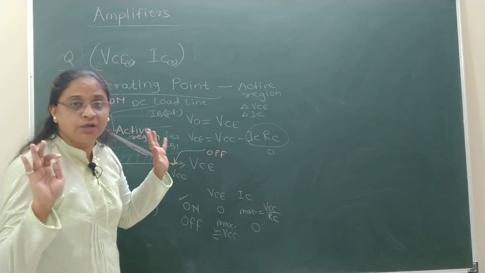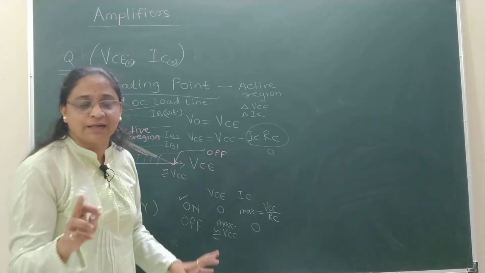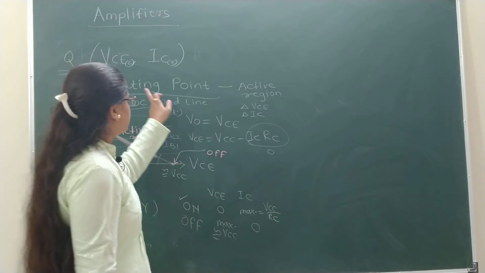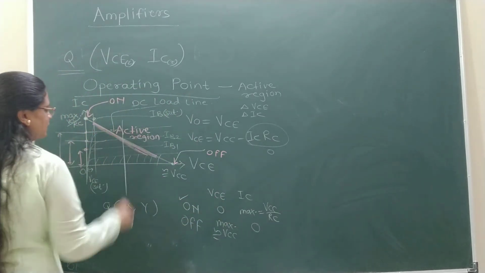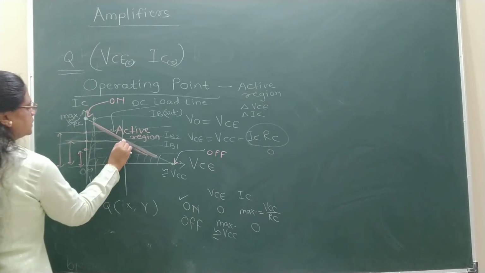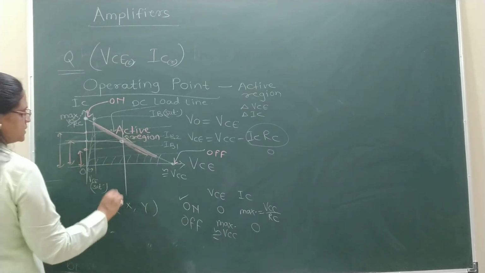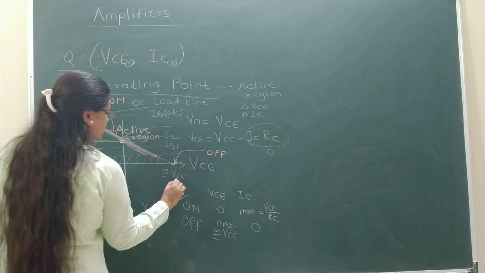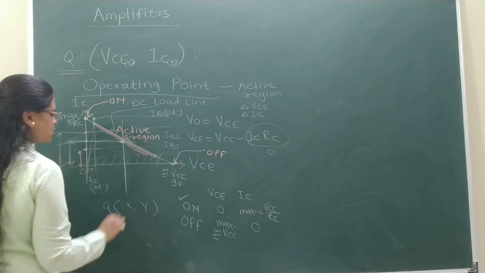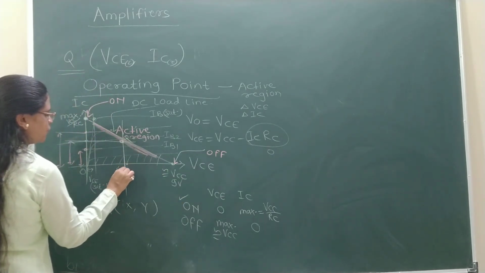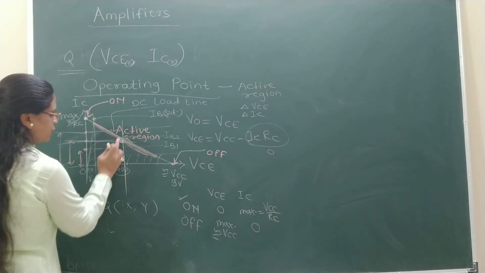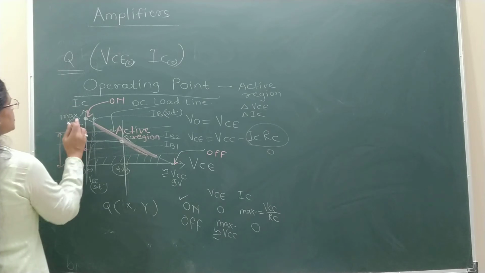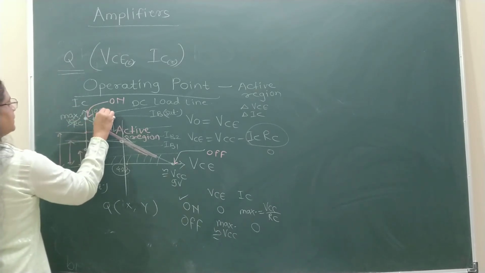So that should not happen, and for that, what is essential? This Q point, the operating point, should always remain in the active region. Suppose for example VCC is equal to 9 volt. Here it is showing VCE close to 4.2 volt, half of 9, that is closer to 4.5 volt. Suppose collector current maximum is 10 milliampere.